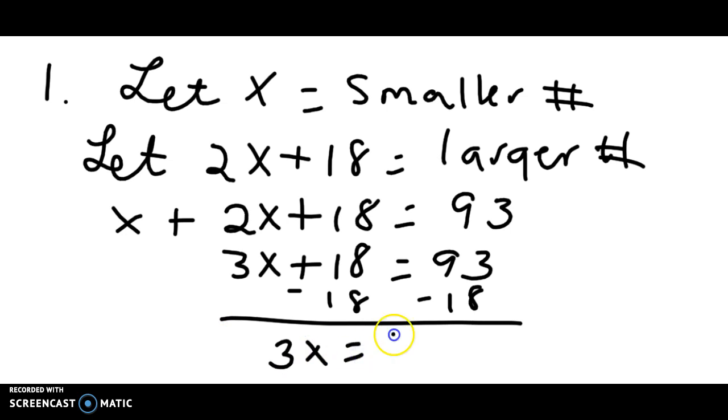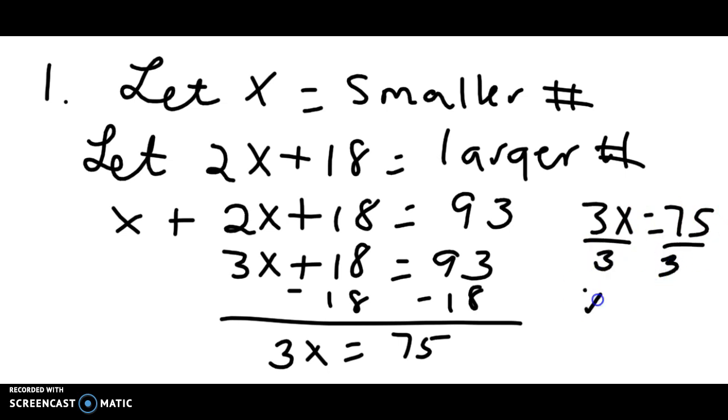Three x equals 75. Sorry, I'm going to have to squish that in here. So when I have 3x equals 75, I'm going to divide by 3. And x equals 25. That's my smaller number.